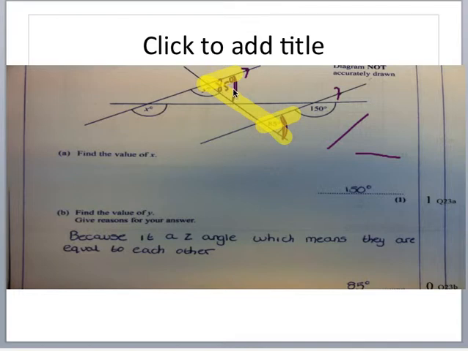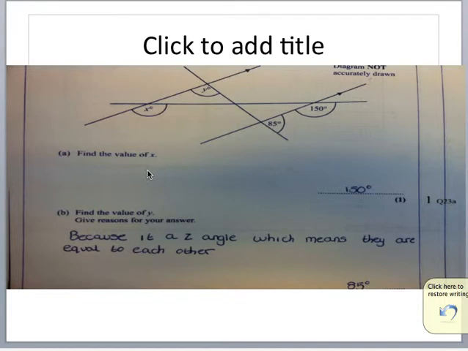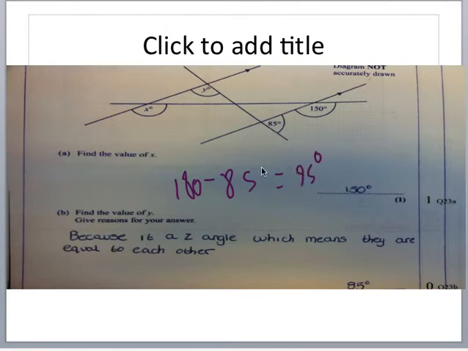And this is a straight line, so our answer is going to be 180 minus 85, which is 95 degrees. So our answer for y should be 95 degrees.